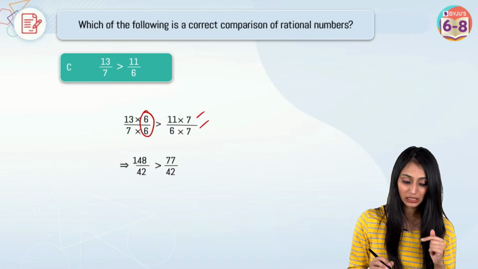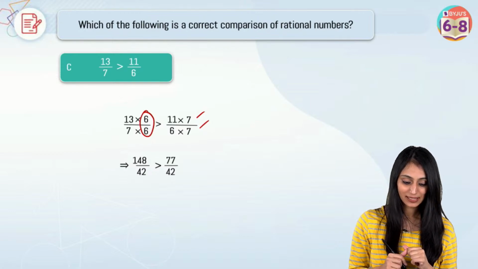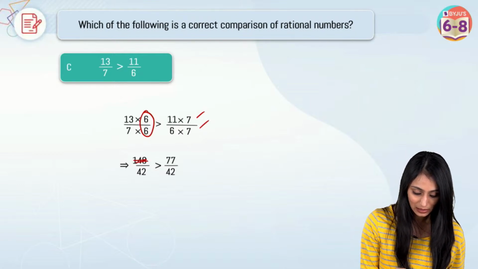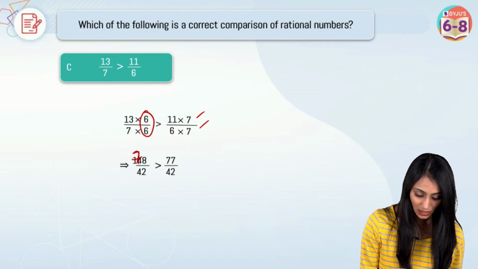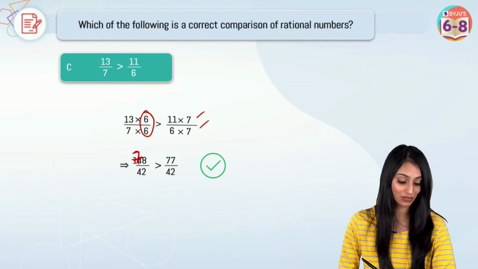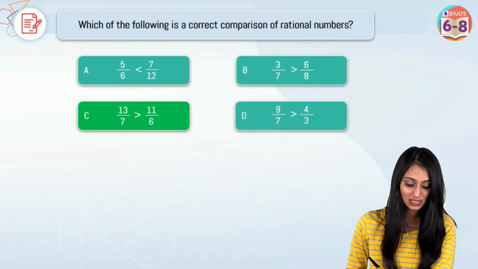I get 13 times 6, which is 78, by 42, and 77 by 42. I'm sorry, 78. This is 78 and 77. That's correct, right? 78 is greater than 77. So this is the right answer. Option C, absolutely. So option C is the right answer.